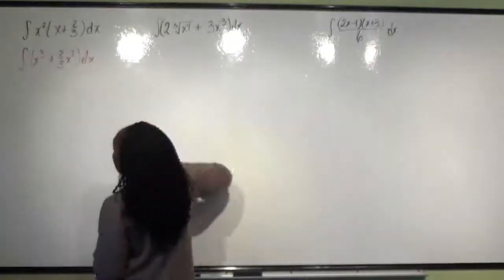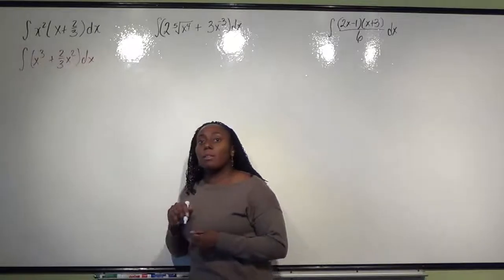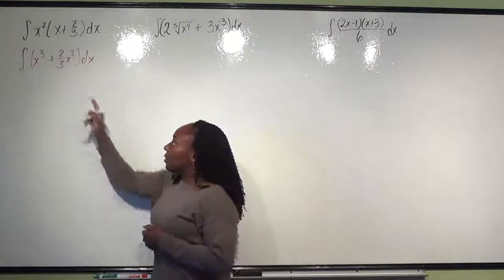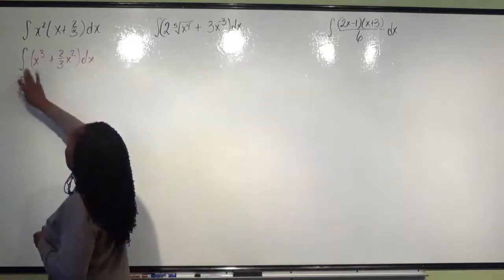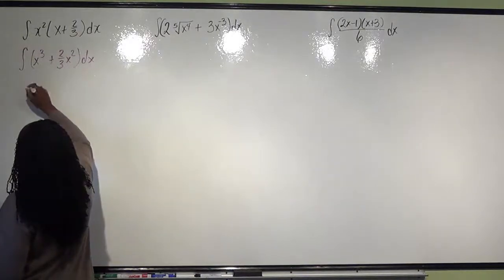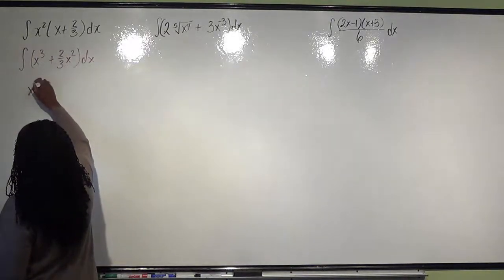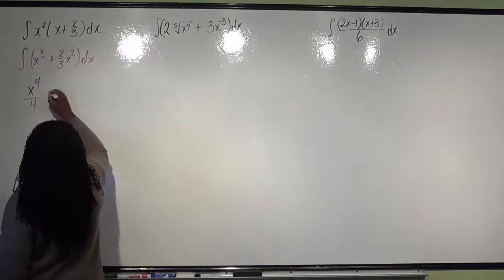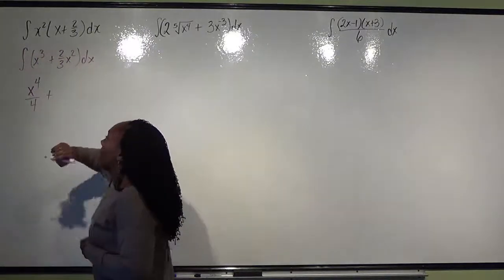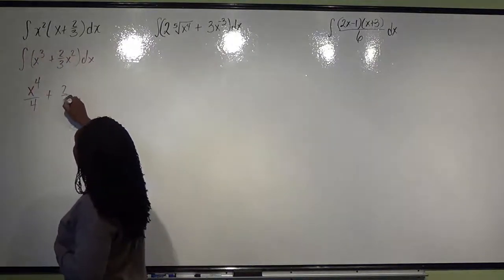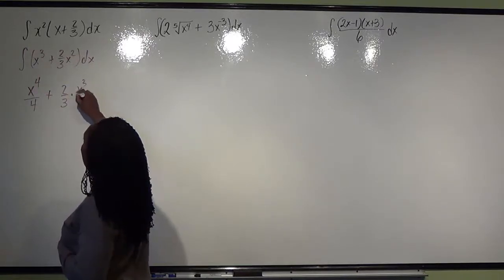And now I can see this is just a sum of terms with some powers and coefficients. So here, using my power property, x cubed is going to look like x to the 4th over 4. And 2/3 x squared is going to look like 2/3 times x cubed over 3.